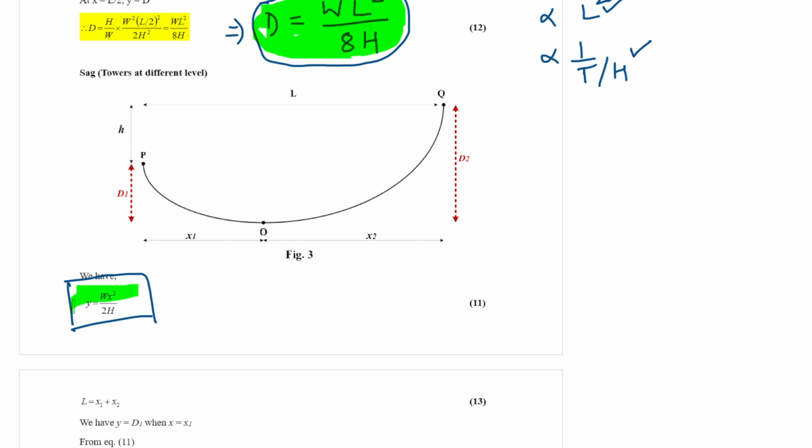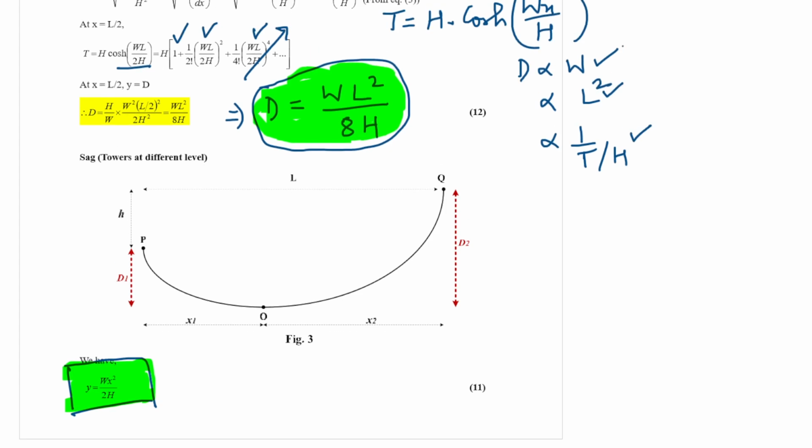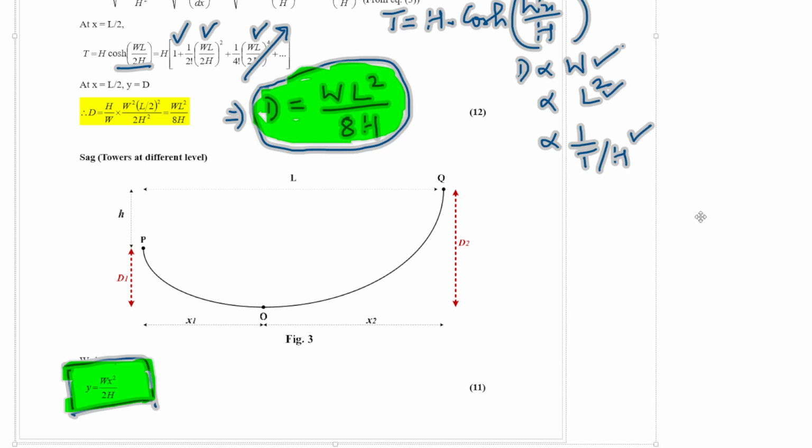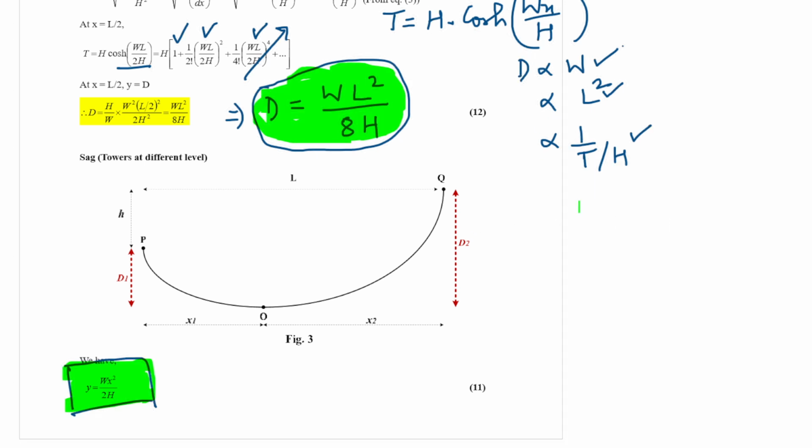So this equation 11 is very important to determine the sag at any point. Let us say we have the second case, that is we need to calculate sag.